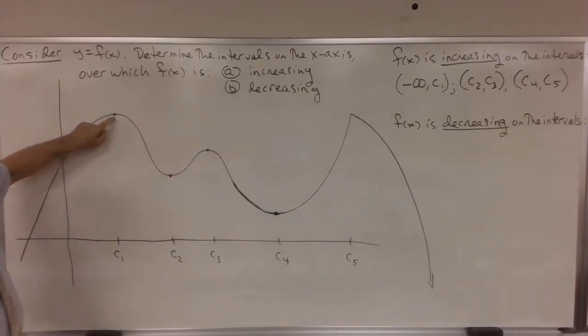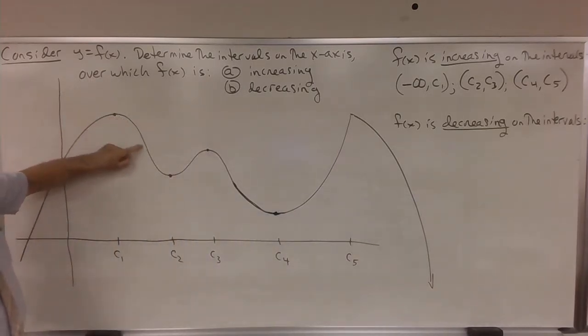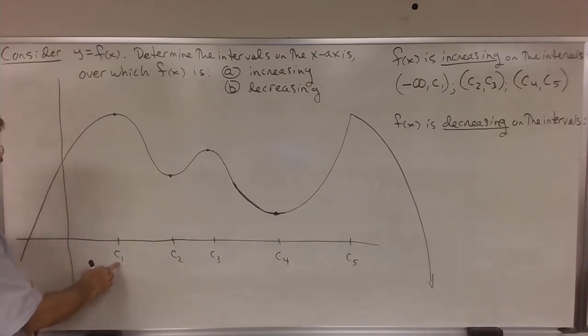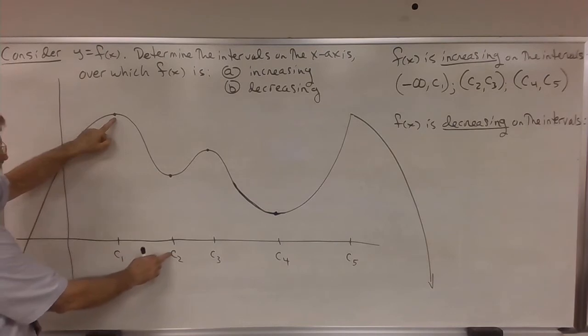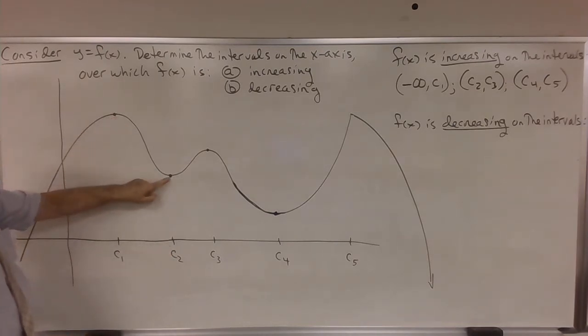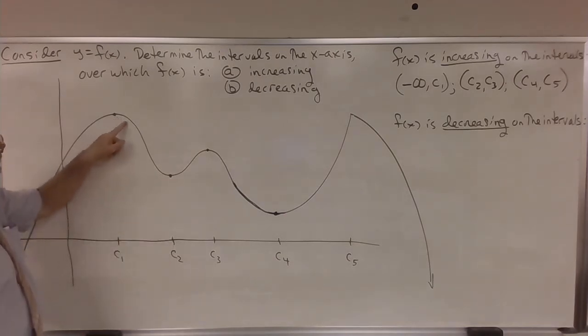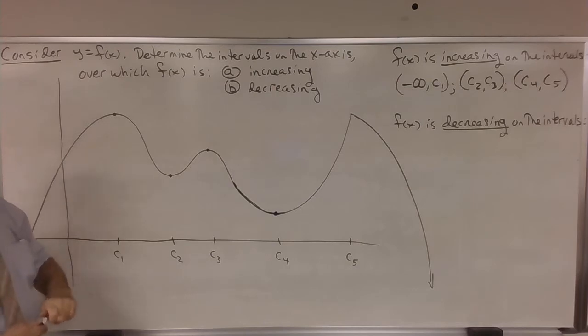Starting right here, the graph goes downhill until we reach this point. So between C1 on the x-axis and C2 on the x-axis, the graph goes downhill. So between C1 and C2 on the x-axis, the function is decreasing.